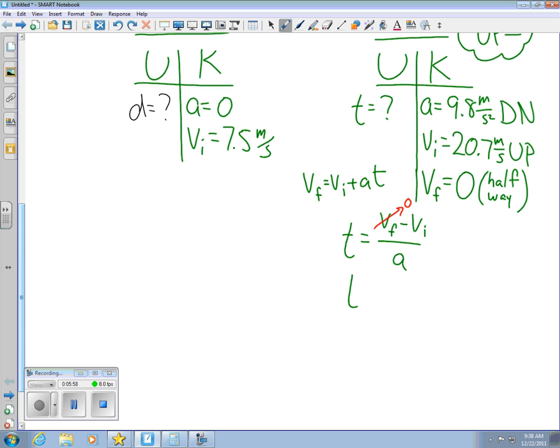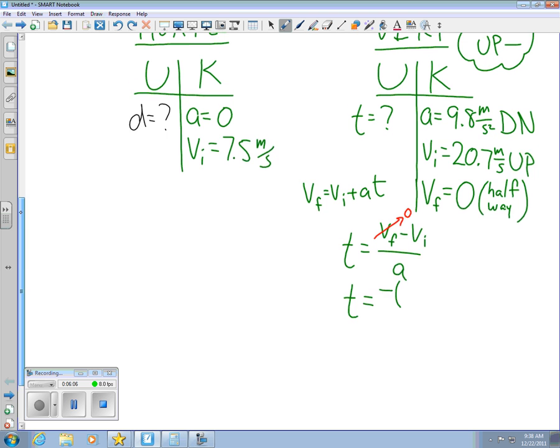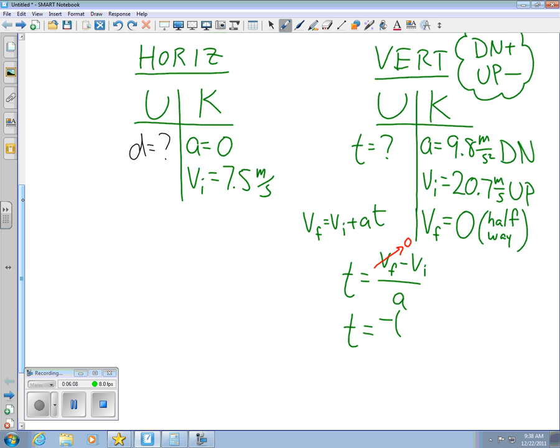And I have T is equal to negative VI, and then for VI, I'm going to put in 20.7, but I have to use code. My code for up is negative, and so I'm going to put in negative 20.7 meters per second divided by my acceleration A of positive, because it's down, positive 9.8 meters per second squared.